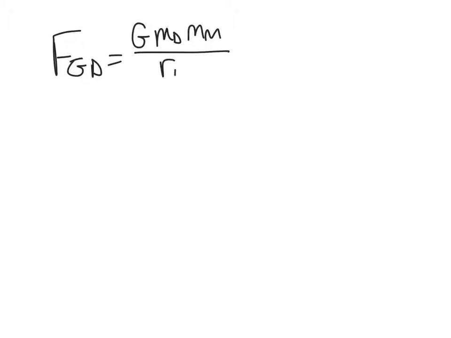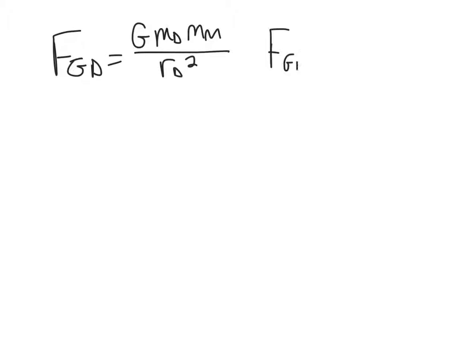Okay, so let's start with what we know. We're dealing with gravitational attraction, so that is the only force acting on either of these satellites. So Fg for the Discover equals our gravitational constant, mass of the Discover, mass of Mars, over the radius of the Discover squared.